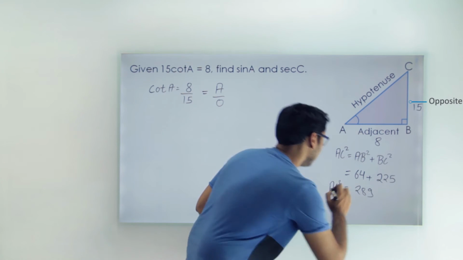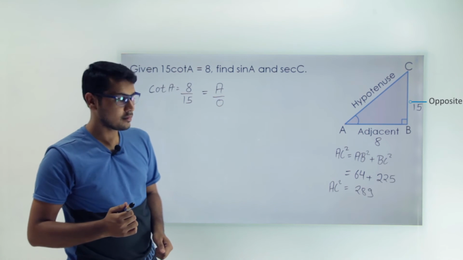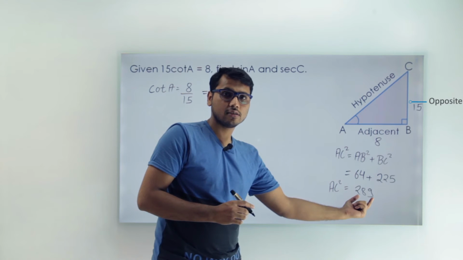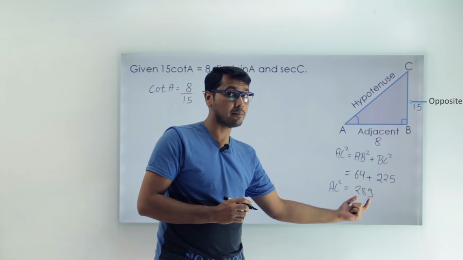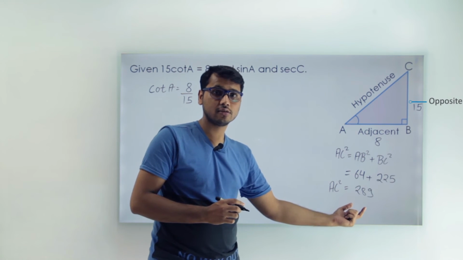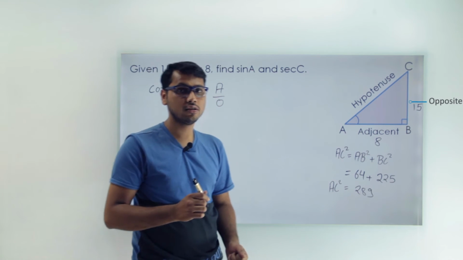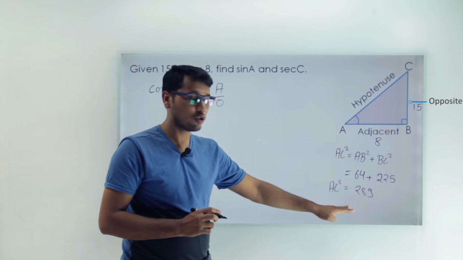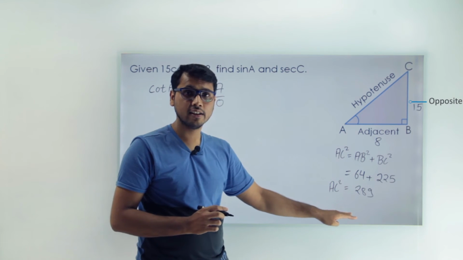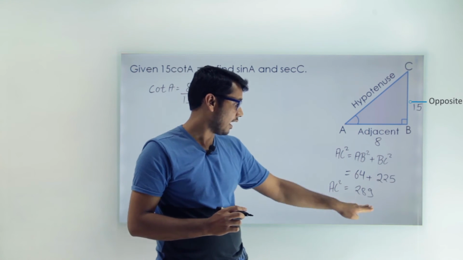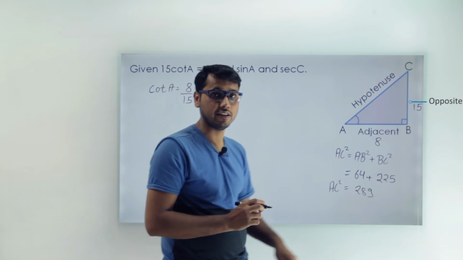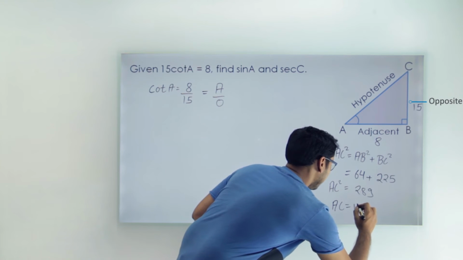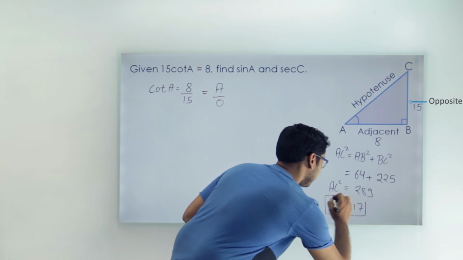AC square is 289. Now can you tell me whose square is 289? Just recall, it is 17 whole square. So if I take the square root of both sides, I'll get AC here and 17 here. So AC comes out to be 17.